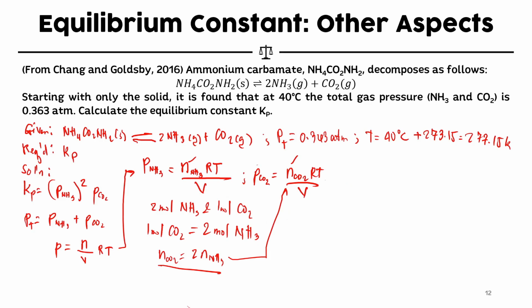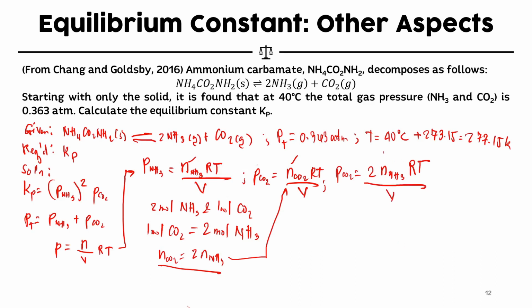Therefore, the partial pressure of CO2 is equal to 2 times the number of moles of ammonia multiplied by the gas constant and the temperature of the reaction divided by the volume of the vessel.